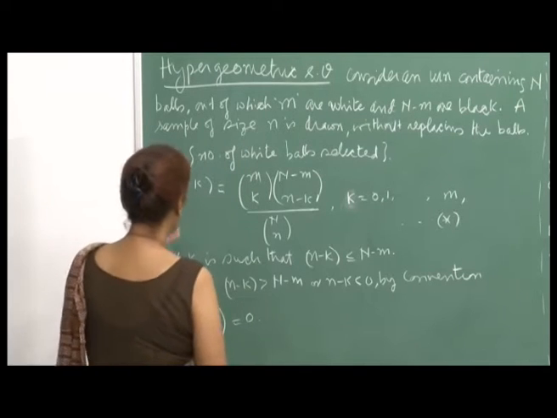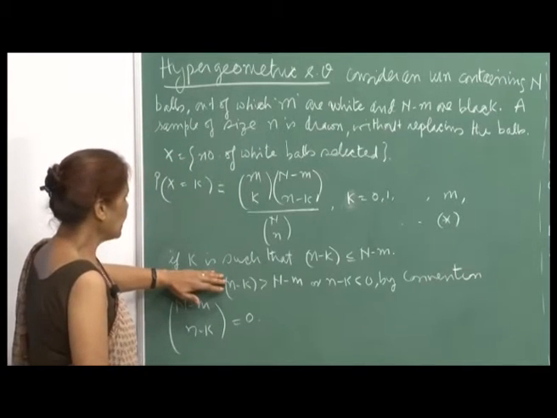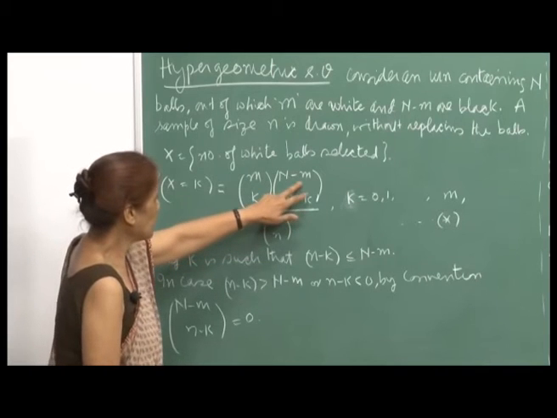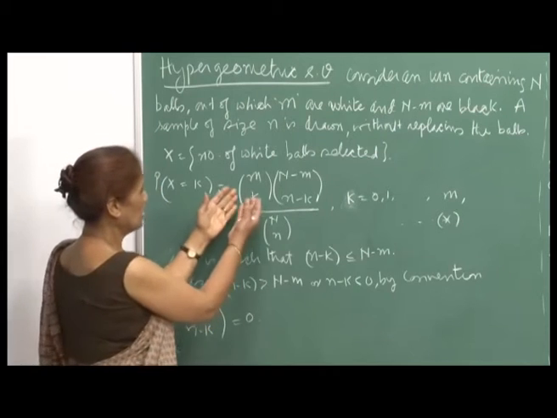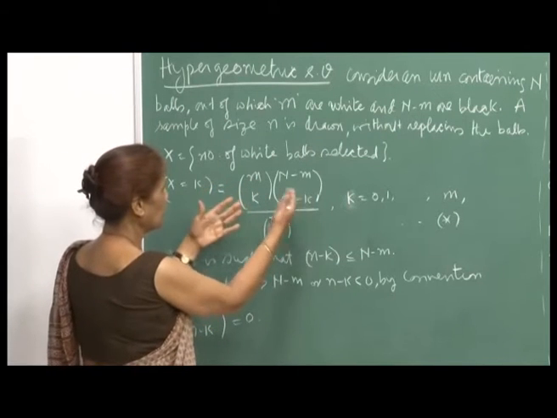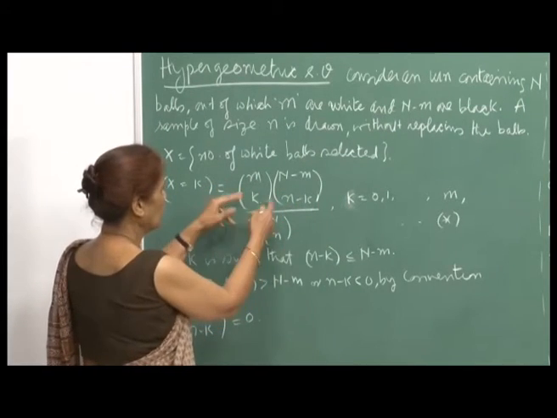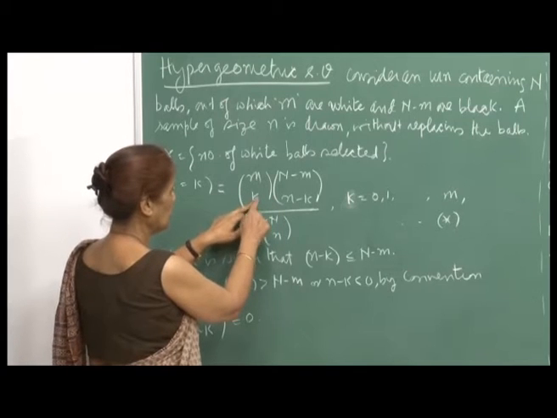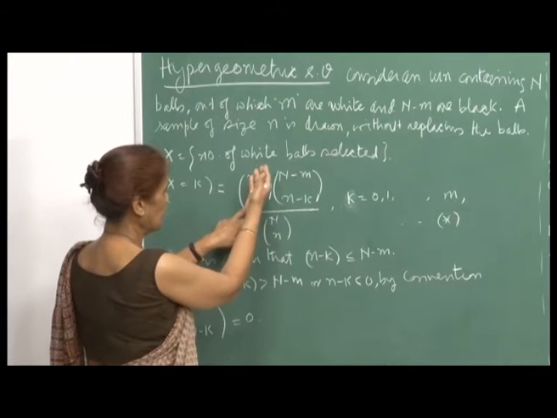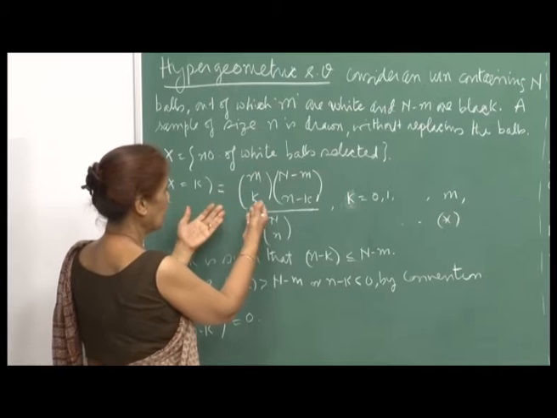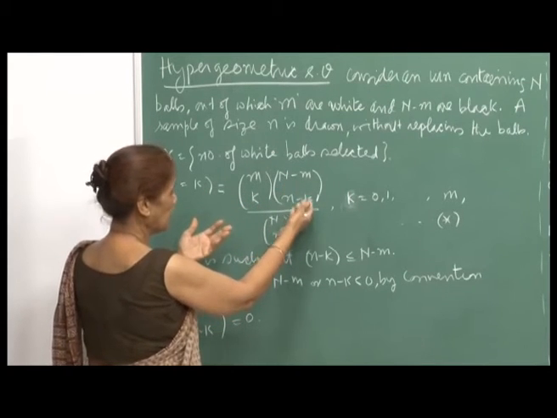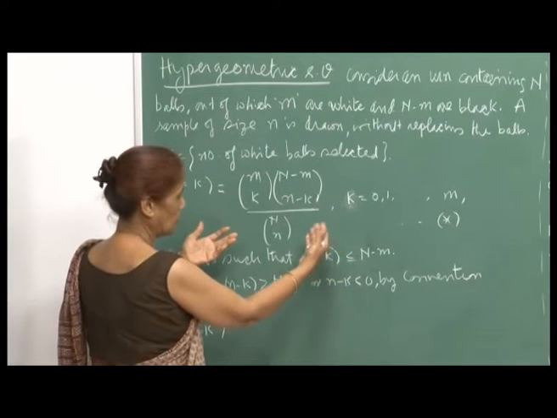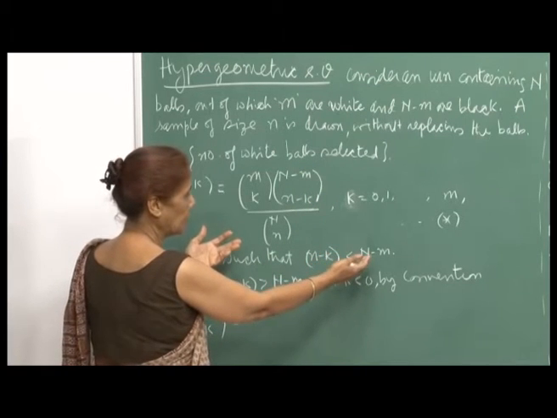Now, here of course, this has meaning when k is such that n minus k is less than or equal to N minus m, because there is some connection between m, k and n. Obviously, if my number m is very large, then I can select k balls, but then n minus k becomes negative, so it has to be less than or equal to N minus m.